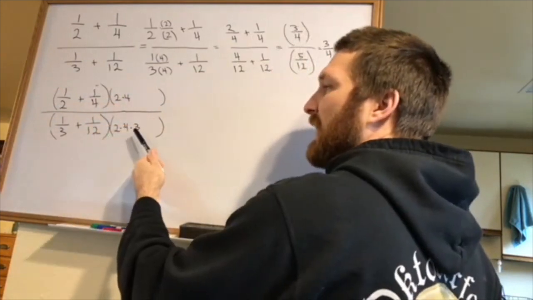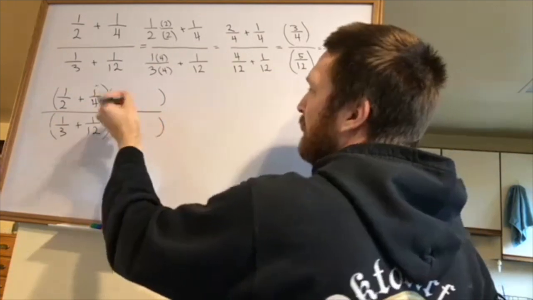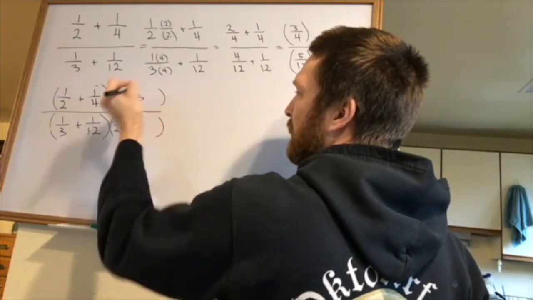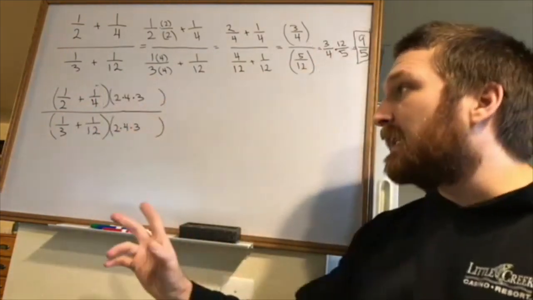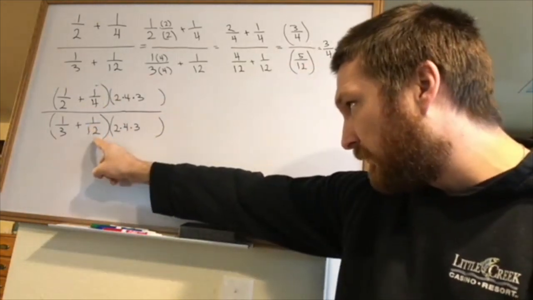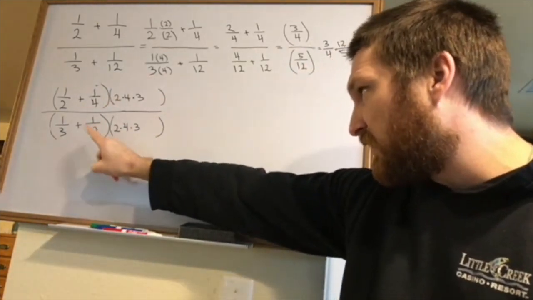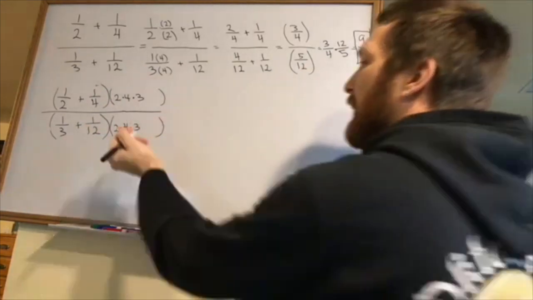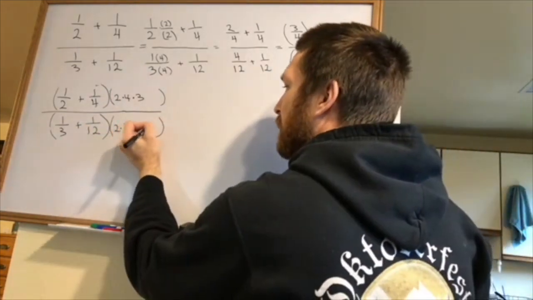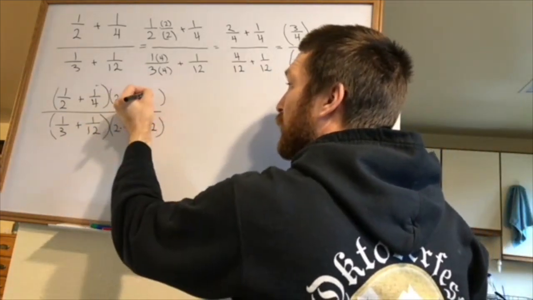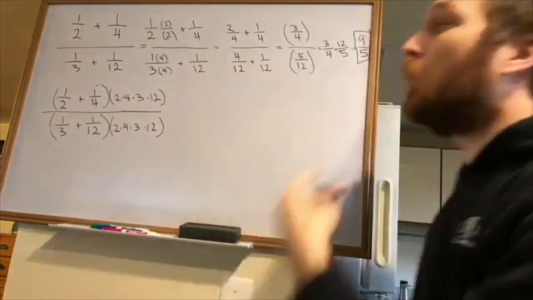But if I put a 3 here, I've got to put a 3 here. So I'm going to have to do this right there. And then finally, I could say, okay, I need to kill that 12, and in order to kill a 12, I'm going to have to multiply by 12.